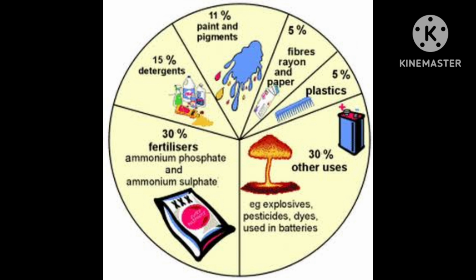A question is asked. Next reaction: both metals and non-metals are oxidized by concentrated sulfuric acid, which is reduced to SO2. Cu plus 2H2SO4, concentrated, gives CuSO4 plus SO2 plus 2H2O.